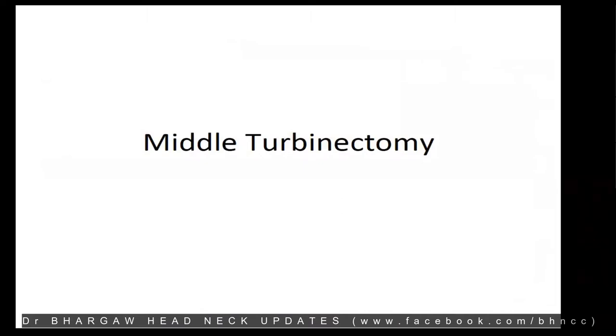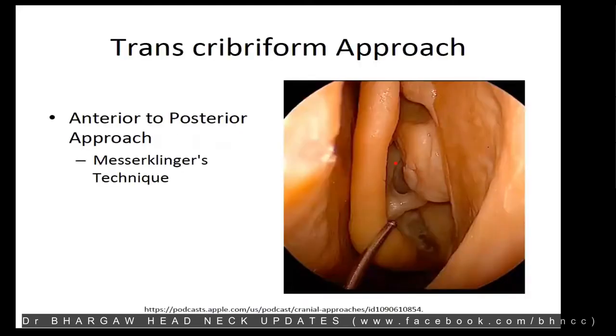Now I'll deal with the structures as you would encounter them while doing the endoscopic resection, and talk about the relevant surgical anatomy. We all know about the attachment of the middle turbinate, but I'll tell you the important factors to keep in mind. We will essentially focus on the transcribriform approach for this lecture.